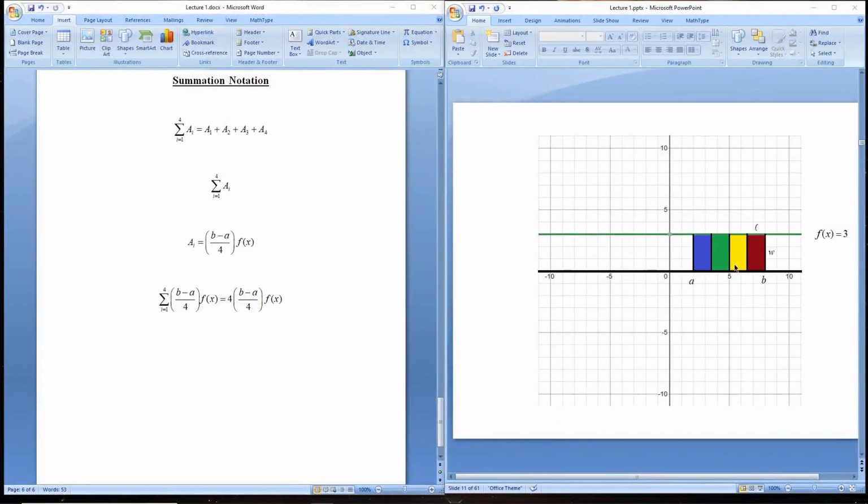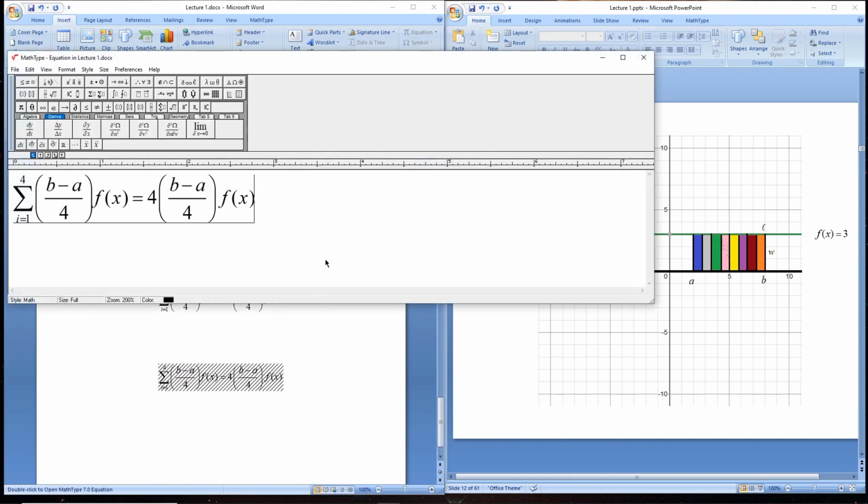So let's get a little crazier here. Instead of 4 rectangles, let's break this into 8 rectangles, and let's work this all out and see how it's going to work out. So first of all, remember our length is always going to be b minus a divided by how many rectangles we're going to have. Now we have 8 rectangles, so we're going to say n equals 8.